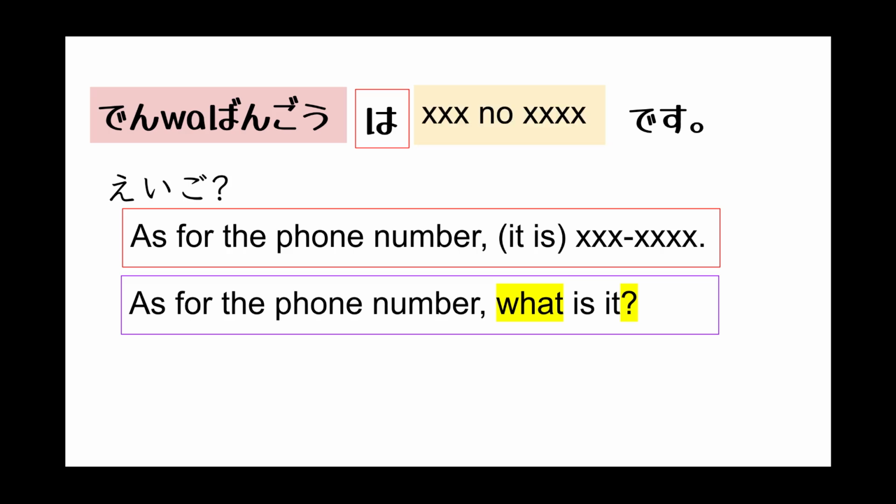One more time. 電話番号は blank です. Replace that 電話番号 itself with nan, and add ka, like this. So you are saying, what is that? The question sentence particle is ka. Pause the video and make sure you write this down.